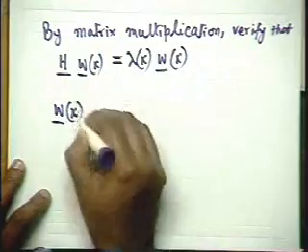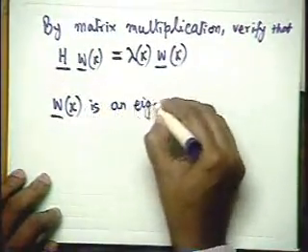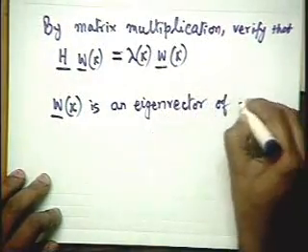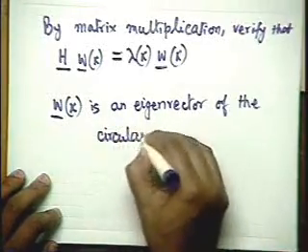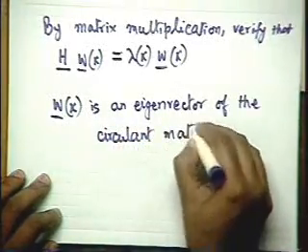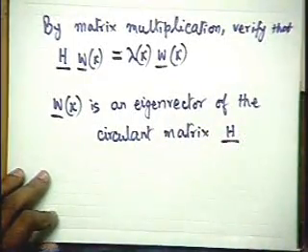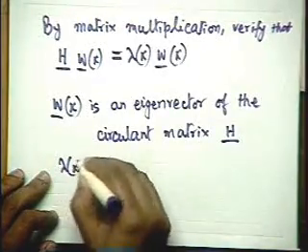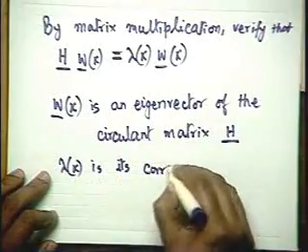So wk is an eigenvector of the circulant matrix H, and lambda k is its corresponding eigenvalue.